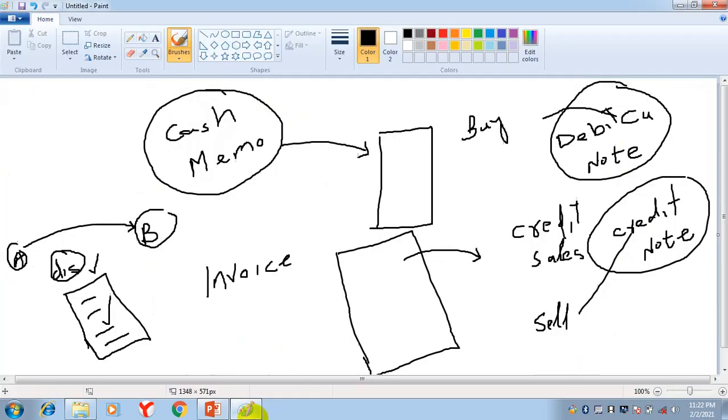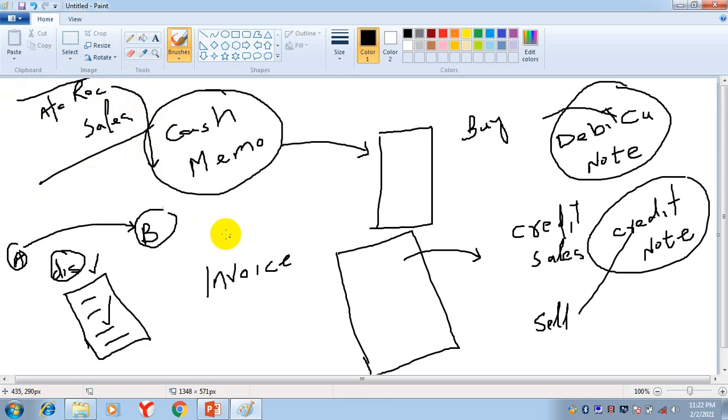Keep in mind, when we are selling goods on credit, what is the entry? Account receivable to sales. Now, when goods are returned, we will credit the account of this customer.